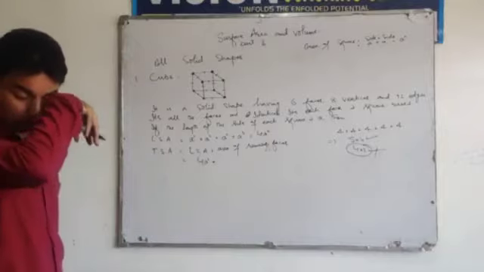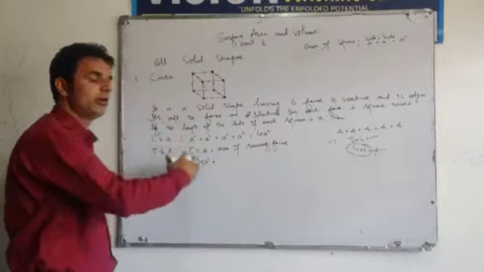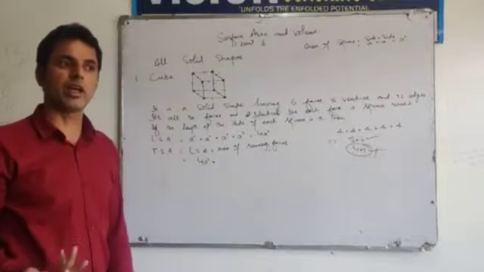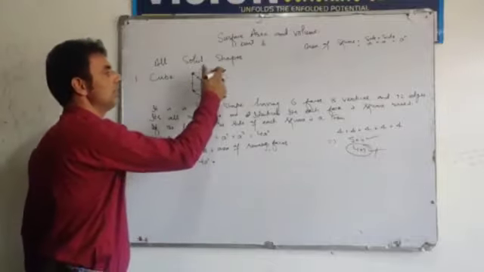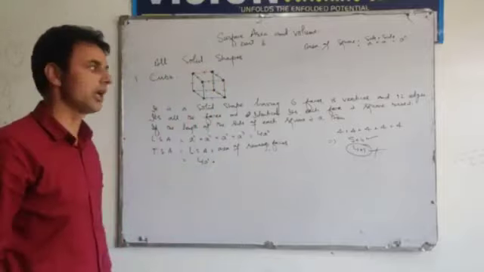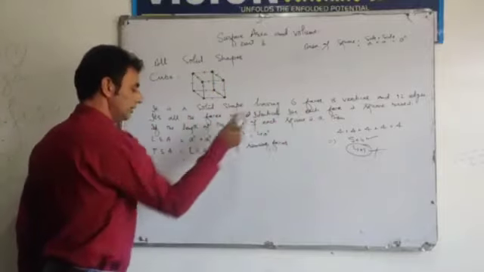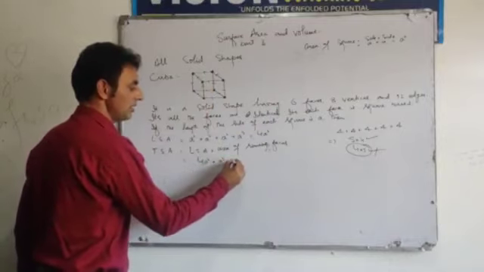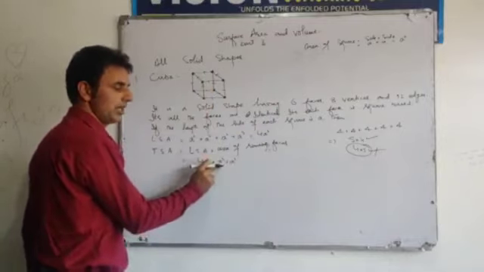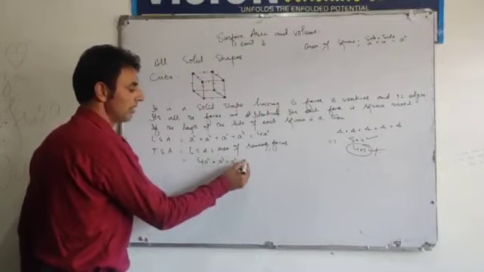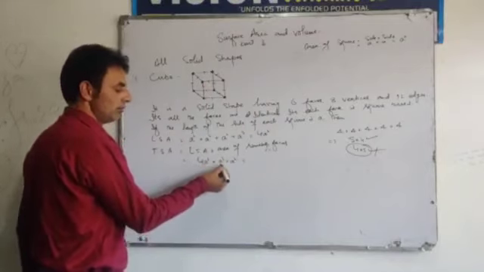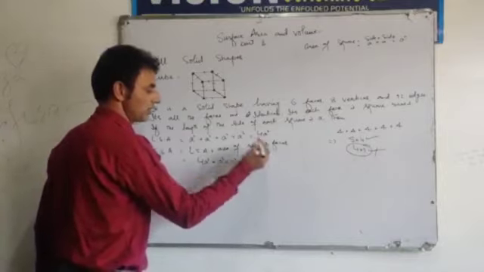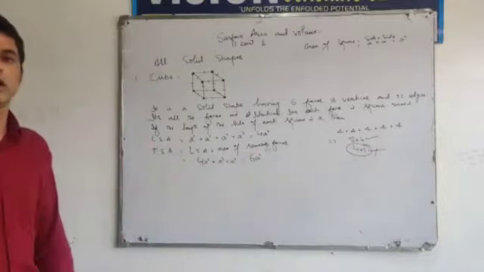Which faces are now remaining? Top and bottom. What is the shape of these faces? Again square. And what is the length of each side of this square? Again a. Therefore, this is a square plus a square, top face area and bottom face area. 4a square plus 2a square is 6a square, the total surface area of cube.